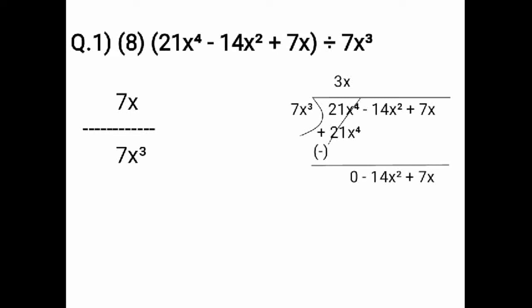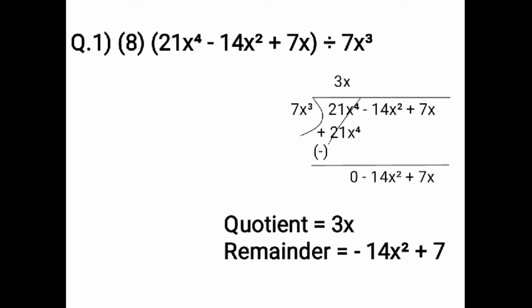Okay, so quotient is only 3x. Remainder is minus 14x square plus 7x. Write the answer now. Quotient is equal to 3x. Remainder is equal to minus 14x square plus 7x. You have to write here x. If the x is not written, I wrote a x.